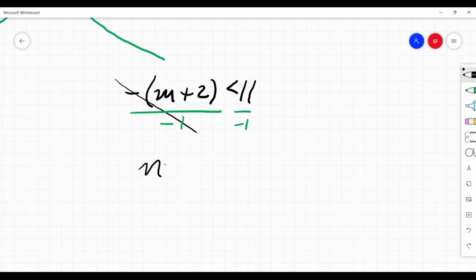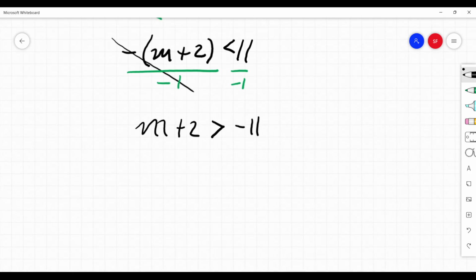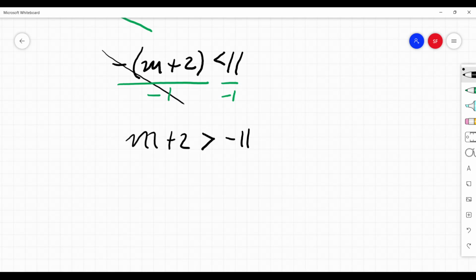So m plus 2 is greater than negative 11, right? Then we subtract 2 from both sides and get m is greater than negative 13.